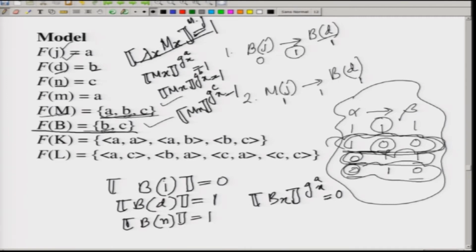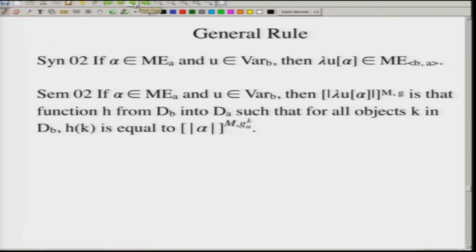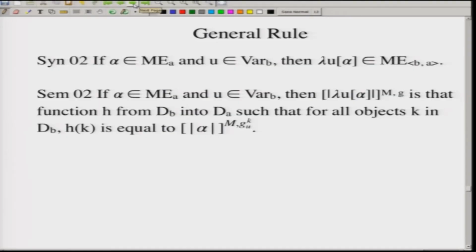So, this is how the calculation goes. Now, this is the first rule we were trying to understand. The second rule is this. If alpha belongs to M E A. Now, the first rule is a specific rule. It applies only to 1 plus predicates, but it is not our intention. We want to talk about all predicates, right.